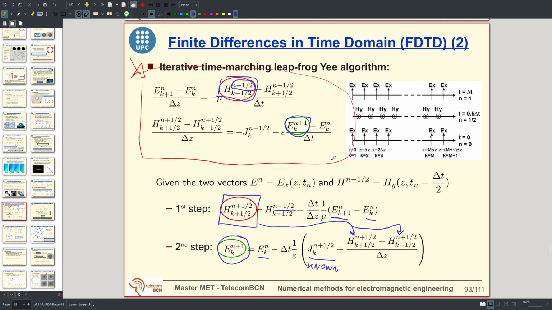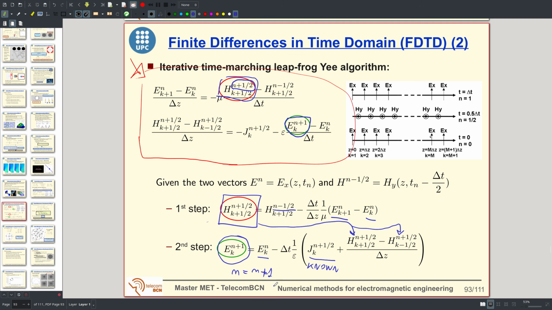So observe that having both the electric field and the magnetic field at time n and earlier, we can compute the magnetic field at time n plus 1/2 and then the electric field at time n plus 1, and do this recursively after setting n equal to n plus 1 in our algorithm.